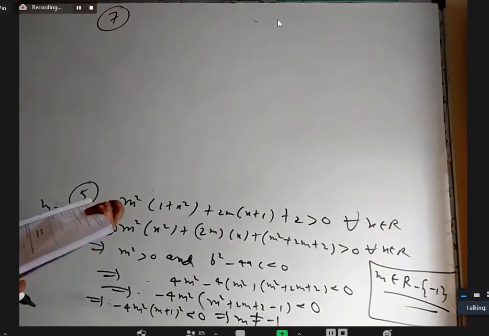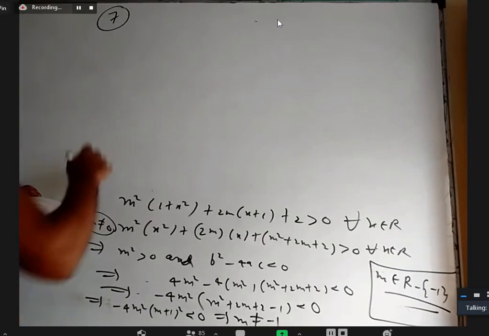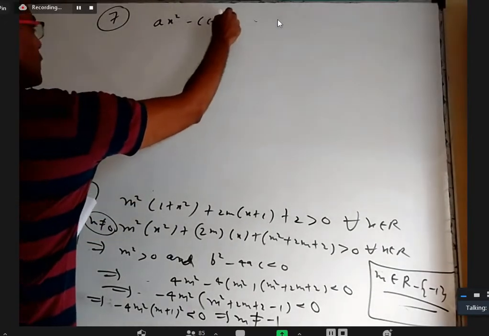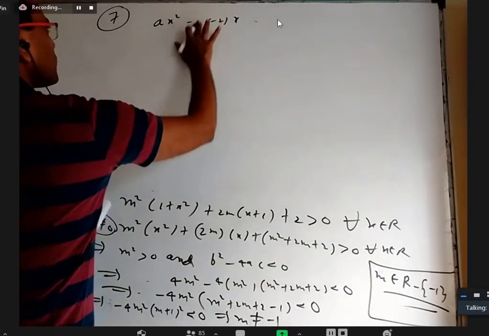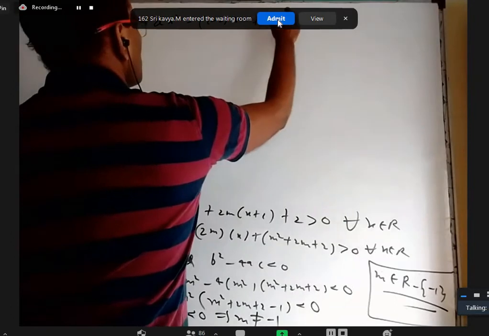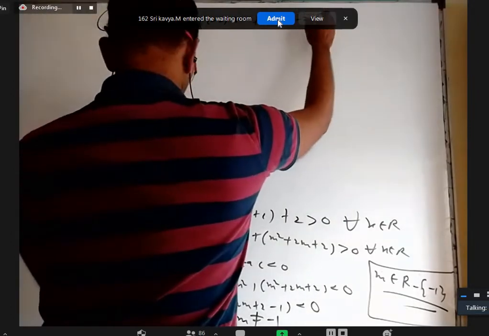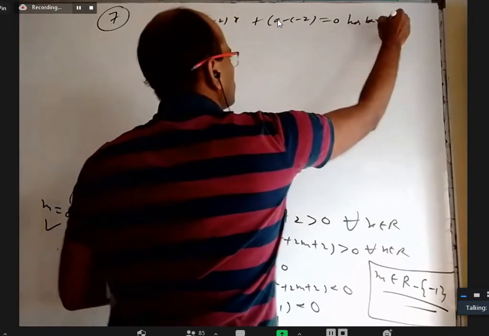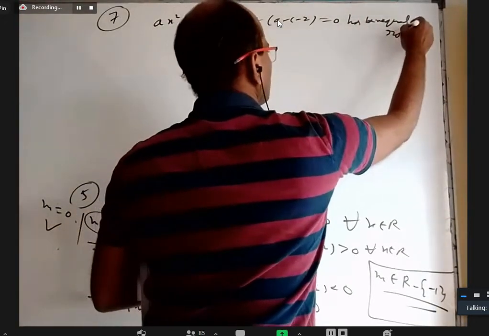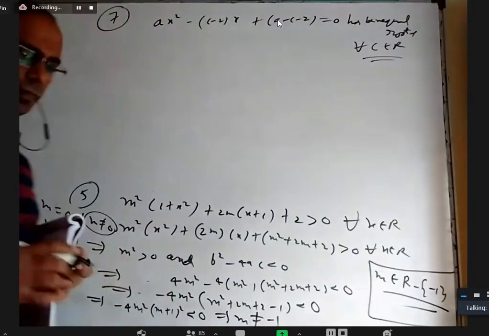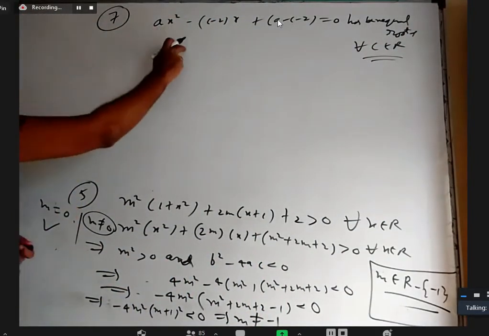They want unequal roots, so b square minus 4ac should be greater than 0. x square minus (c minus 2) into x plus (a minus c minus 2) equal to 0 has unequal roots for all c belongs to R, that is an important point.